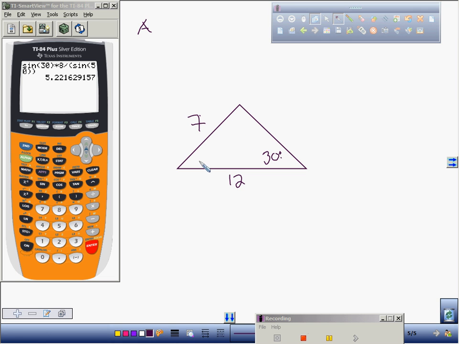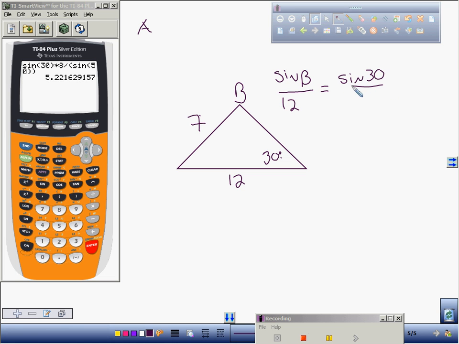So we're going to find this angle over here, which I'm going to call B. You could say that sine of B is to 12 as sine of 30 is to 7.